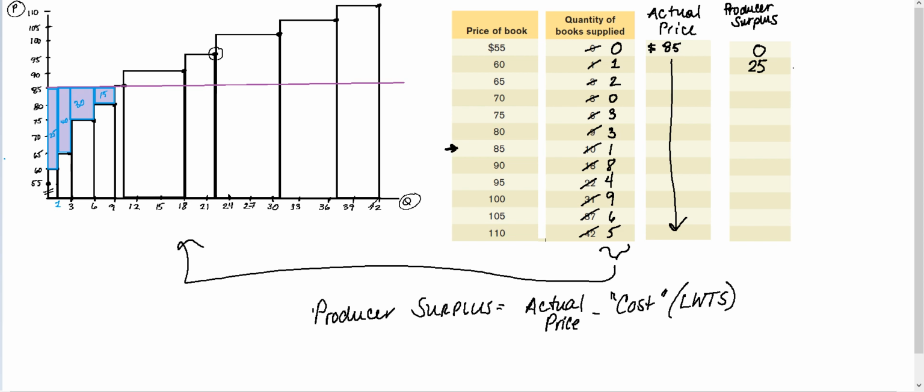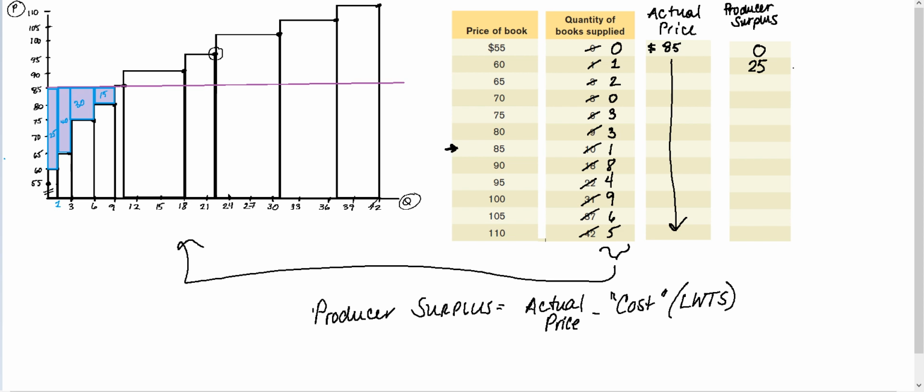Okay, now moving down a row, when the price of a book increases to $5 more, now we have 2 more sellers who enter the market. The lowest price that these 2 sellers were willing to accept is $65, but they were pleasantly surprised when they were able to sell their book for $85. So for each one of them, the market was able to generate $20 in producer surplus, but there are 2 of them, and so the producer surplus generated at that price is actually 40.